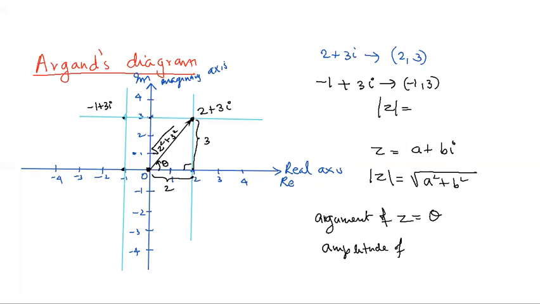Now you are going to do a job. You are going to plot the complex number 3 minus 2i.